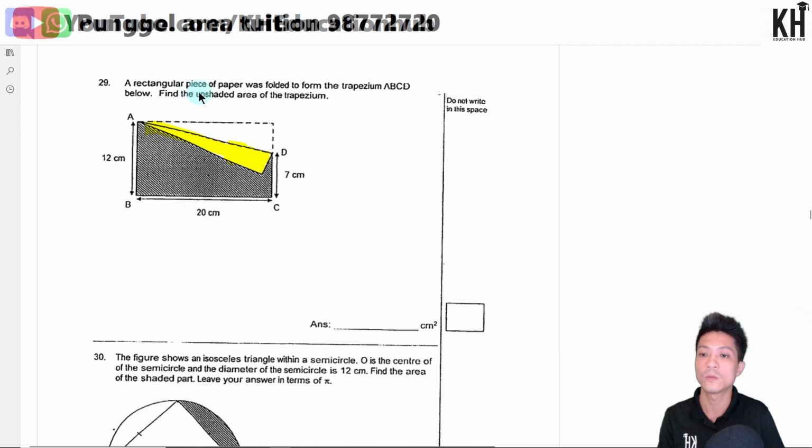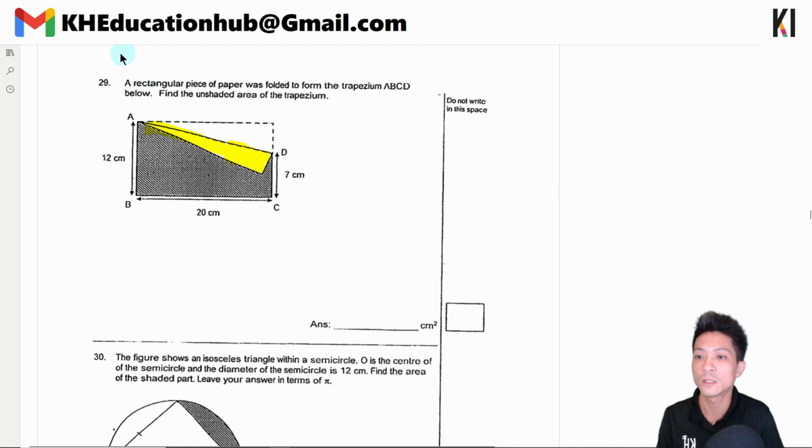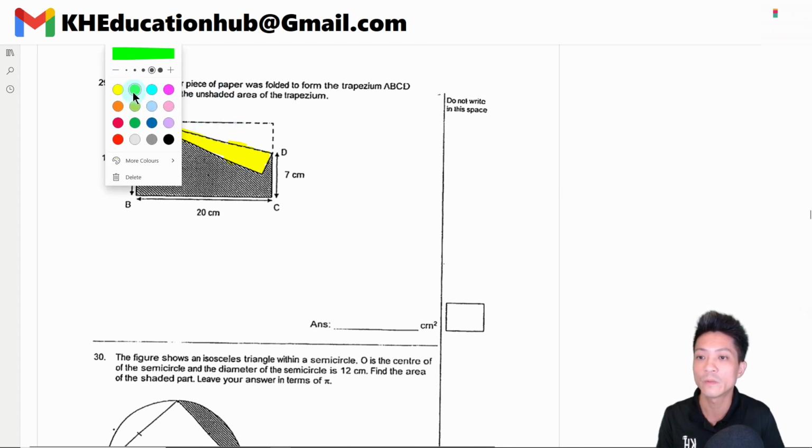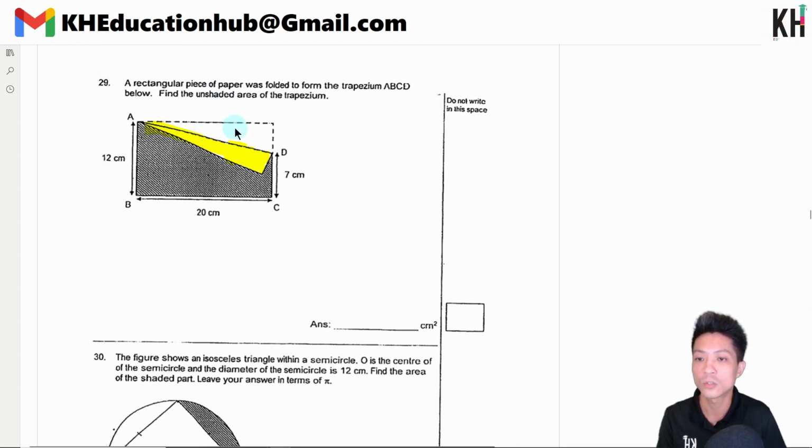This triangle is equal to this unshaded white triangle over here, so I'm going to shade it with blue color.